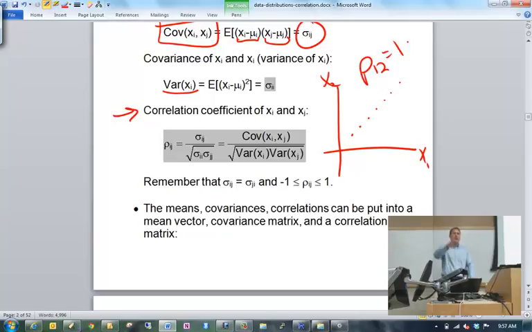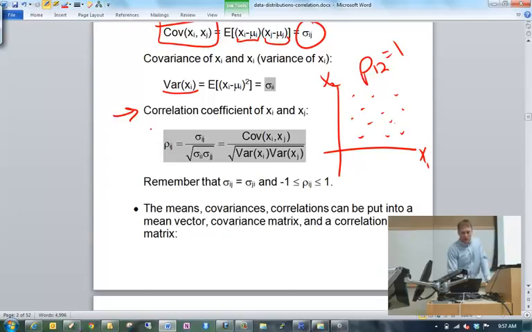If I did the same line, but now in a downward manner, that would be rho sub 1,2 equal to negative 1. And lastly, just to make sure you follow this, if I did something like this instead, what would that be for rho? Essentially probably 0. There's no association. As x1 changes, it doesn't look like you can necessarily predict what x2 would be.